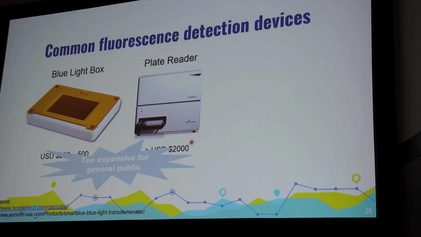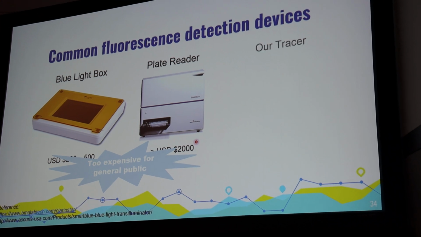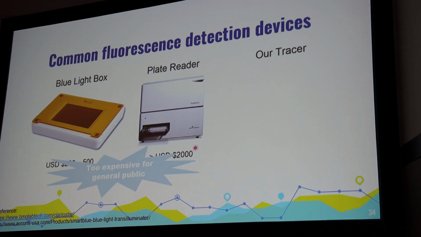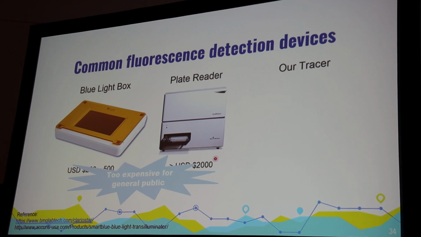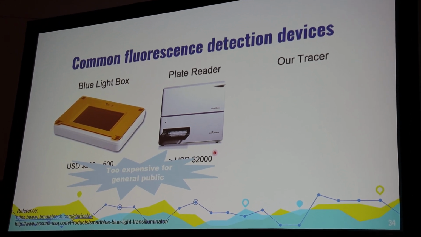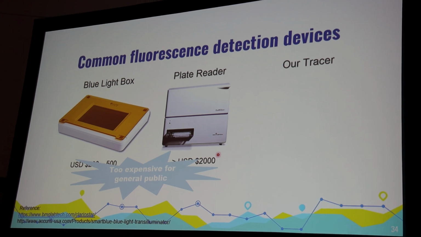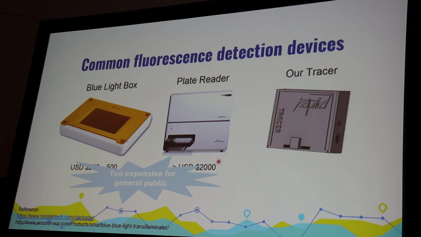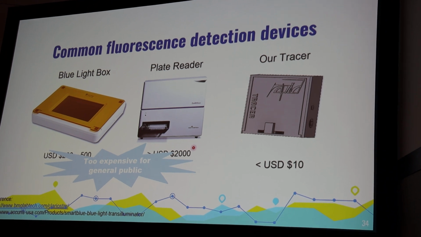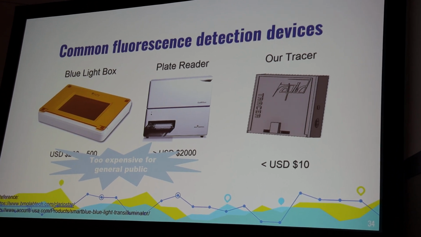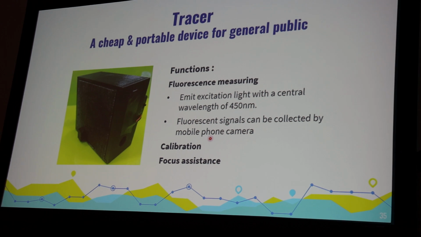And they are too expensive as our target user is the general public. Therefore, we make a small black box called tracer, and it can illuminate the fluorescent signal, and it costs less than $10, which is much more affordable for the general public.